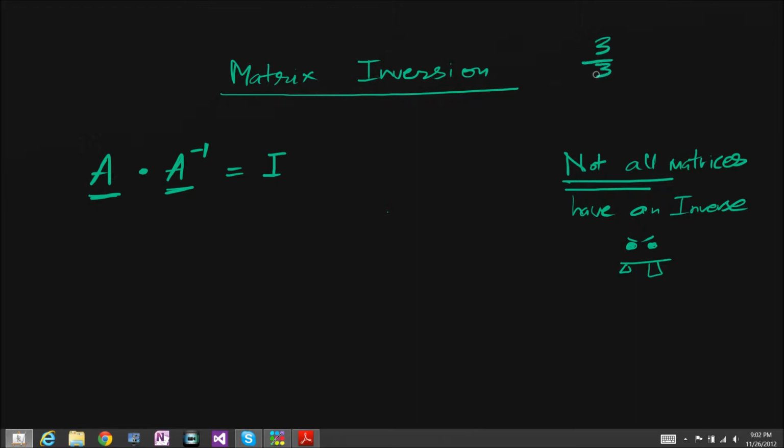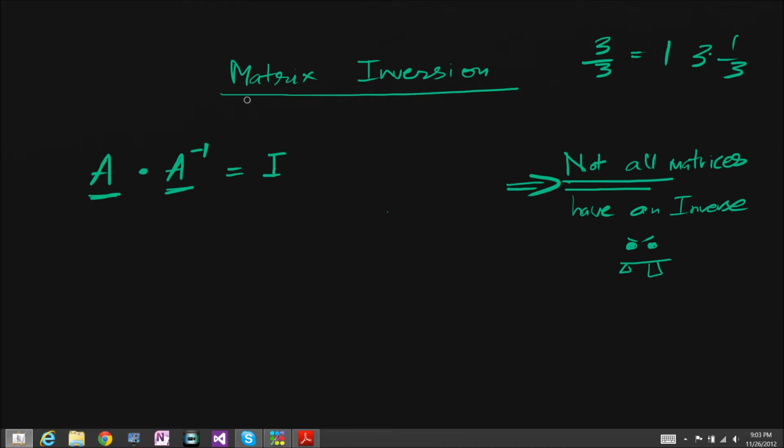So something like 3 divided by 3 equals 1, because 1 by 3 is the inverse of 3, right? In the same way, maybe not the exact same, but similarly, a matrix multiplied by its inverse is the identity matrix. Now, one property is that not all matrices have an inverse.